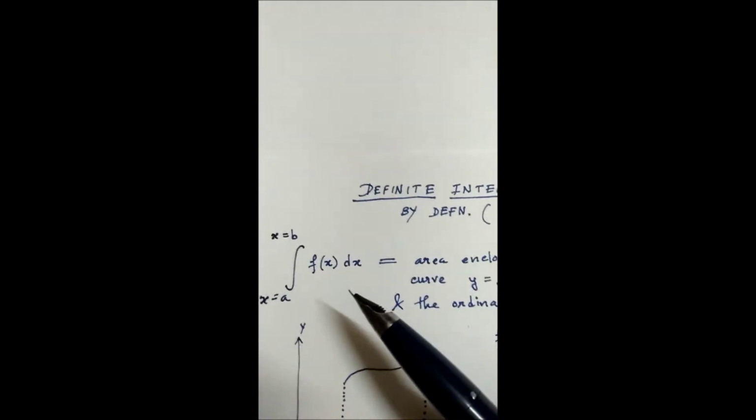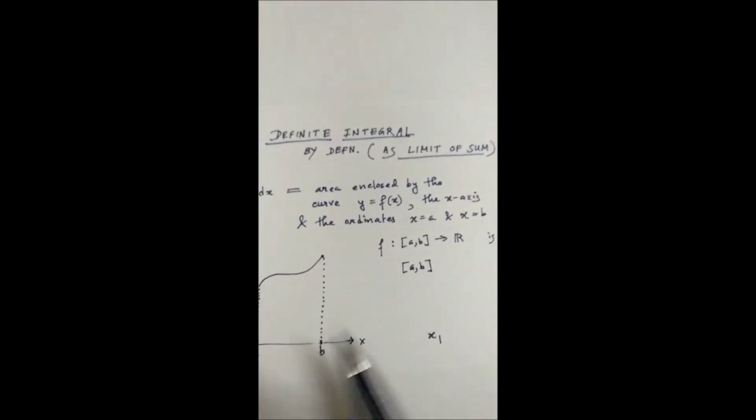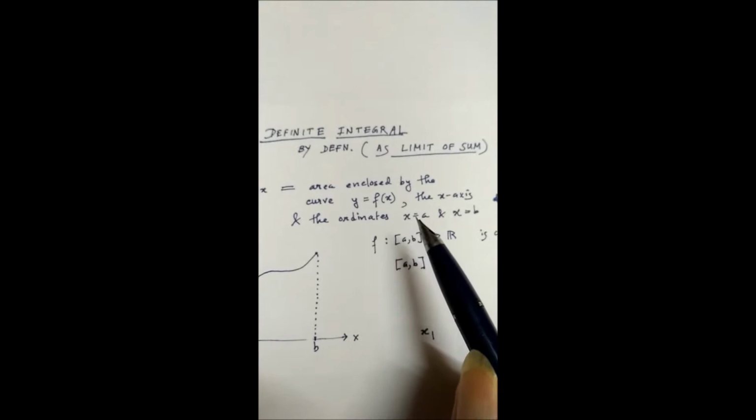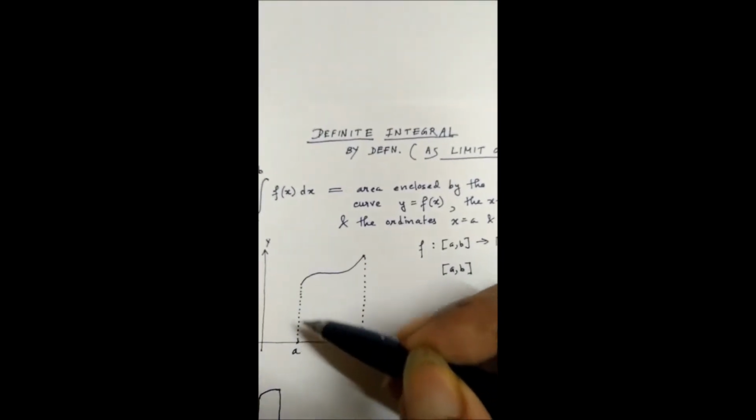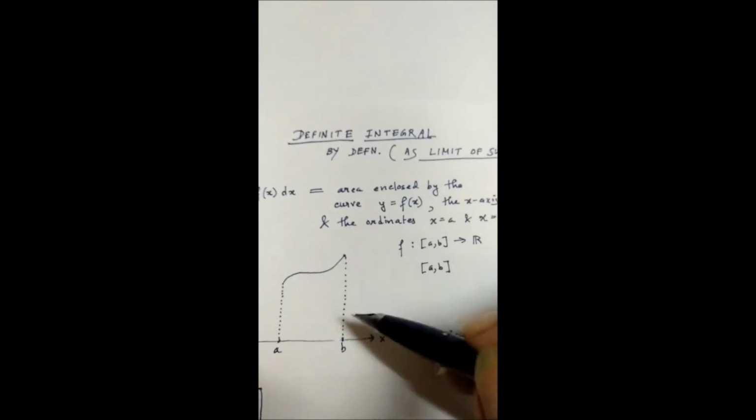Now what does this mean? It means this is the area enclosed by the curve y equals f of x, the x-axis and the ordinates x equal to a, this vertical line, and the other ordinate x equal to b.